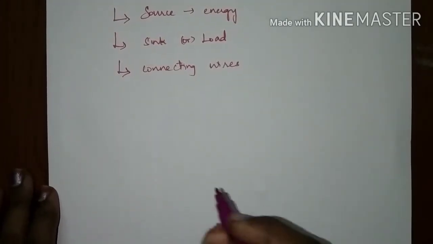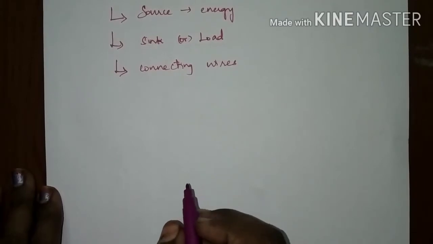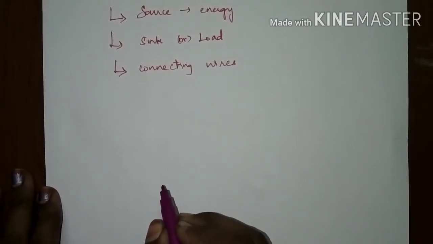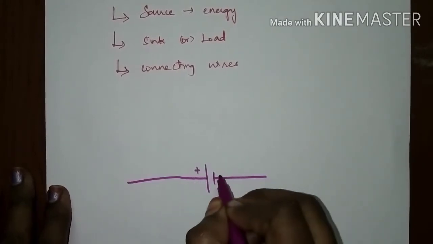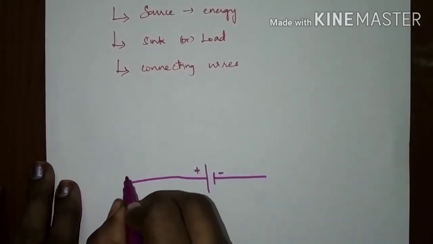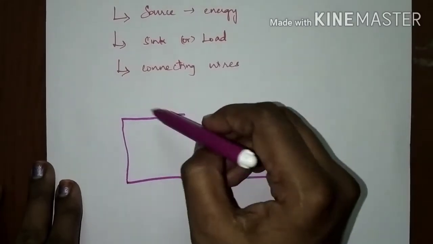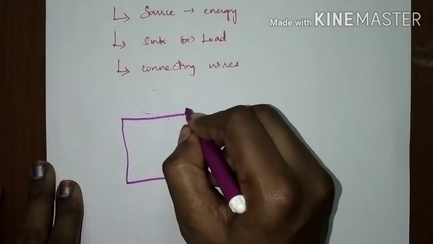Now let us draw a simple circuit by using a battery as an energy source and a lamp as a load, with connecting wires. The positive terminal of the battery and the negative terminal of the battery are connected to a lamp.